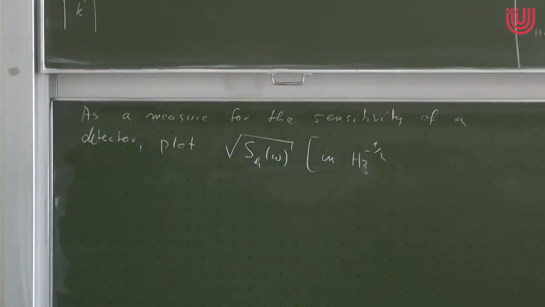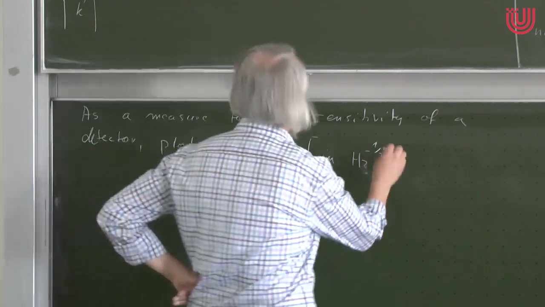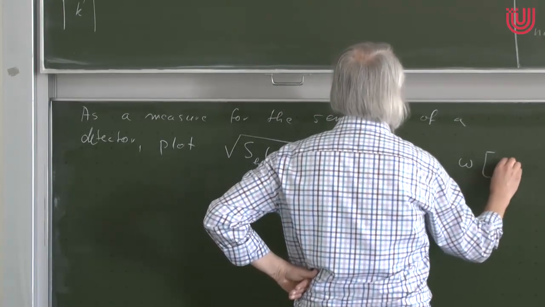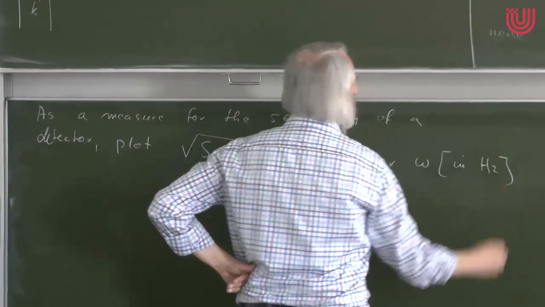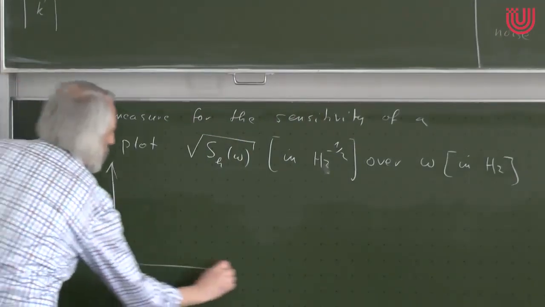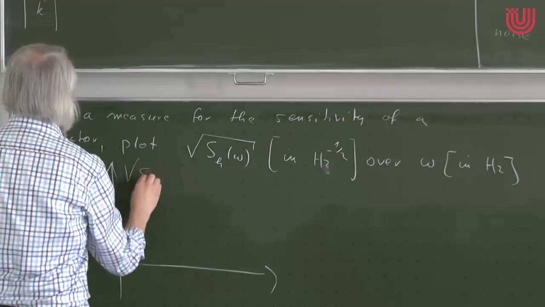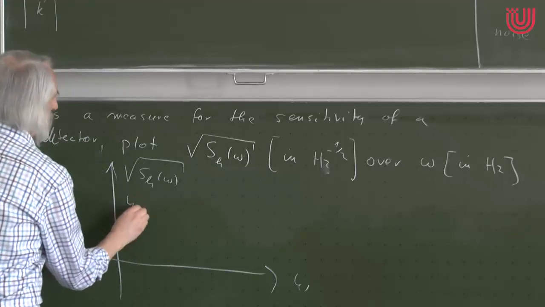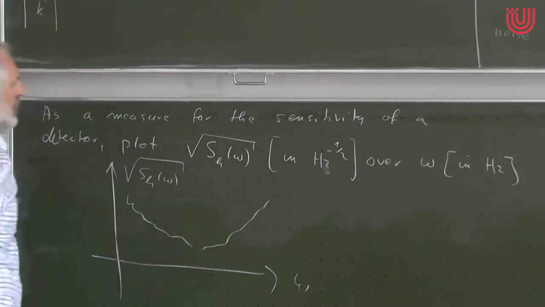It's a somewhat unusual unit. It doesn't occur too often in physics, but here it does occur. This is plotted over omega, which of course is measured in hertz. So here you have root SH over omega. You will get something of this kind.